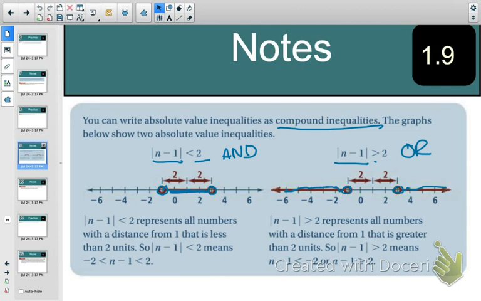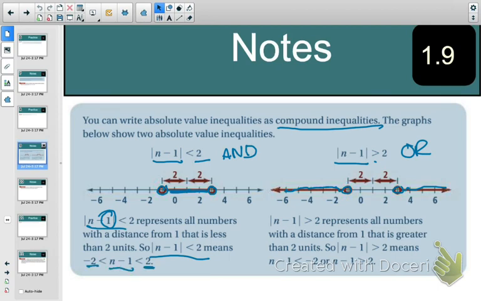And this represents all numbers with a distance from 1, so this is the number you're looking for, from 1, that are less than 2 units away. So absolute value of n minus 1 is less than 2 means that n minus 1 is between negative 2 and positive 2.